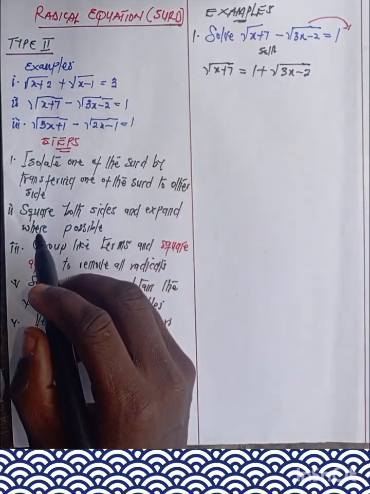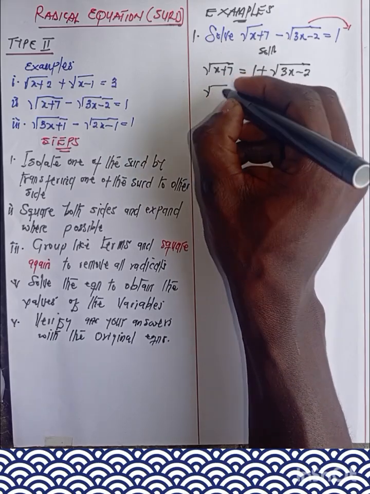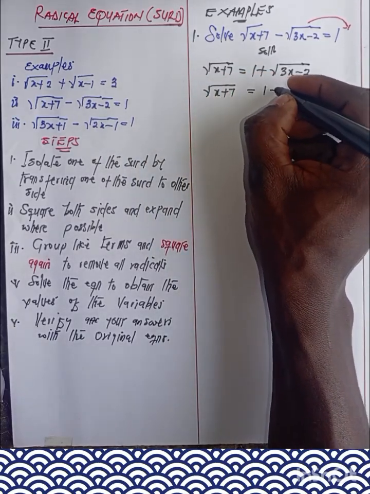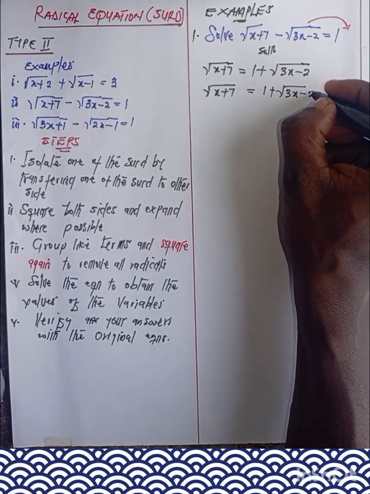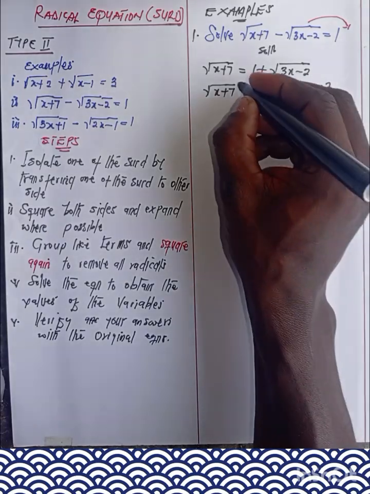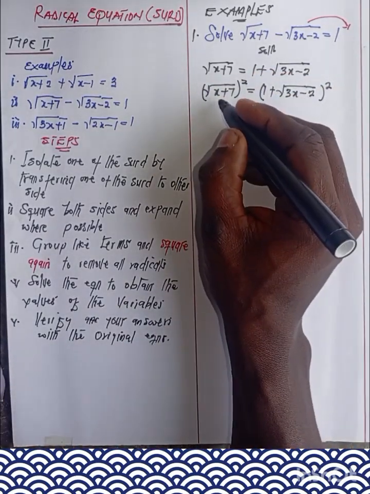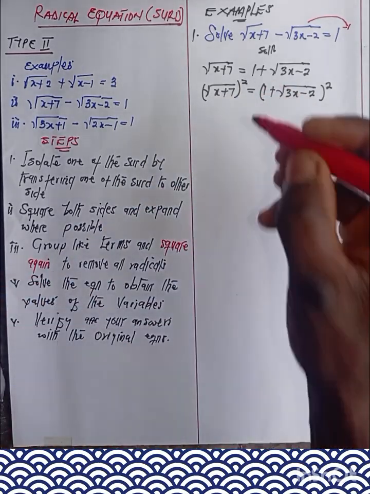The second step says square both sides and expand where possible. So we are going to square and then expand. Now when you expand this, the square will take away the radical sign.